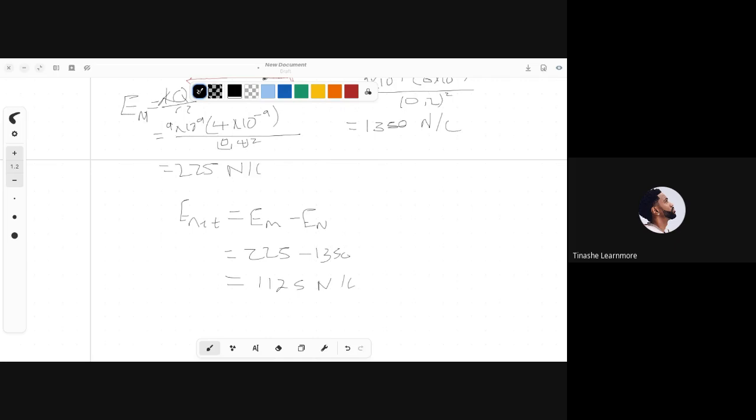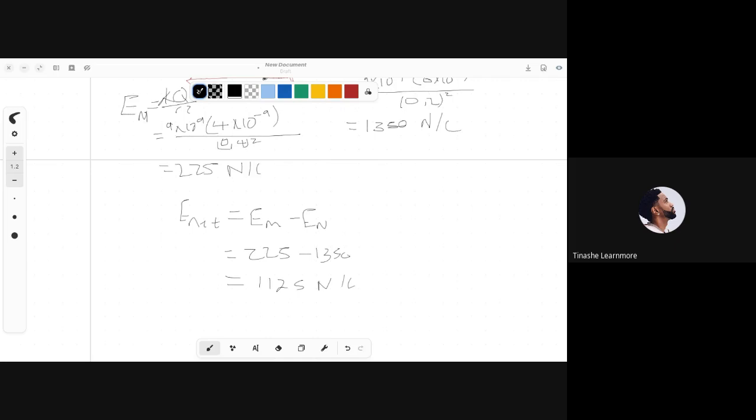There are times where they'll just ask you to calculate the magnitude only, and if that's the case, you just give them the magnitude like we're doing so far. We're just calculating the magnitudes. But if they do ask you to give the direction, then you would stipulate the direction as such. All right. Any other questions?